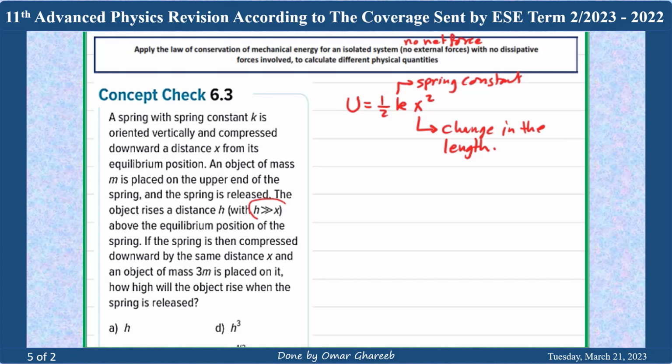This symbol means much larger, so you can ignore x compared to h, above the equilibrium position of the spring. Now we have another situation. Let us draw the first situation. We have the spring here relaxing.